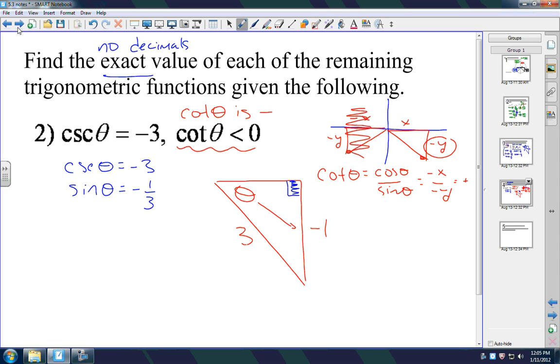So we know sine was -1/3. We get to here. We're missing one thing though. So we got to come find this x value. So we're going to say 3 squared equals -1 squared plus x squared. You can call it a squared, b squared, whatever you need to with this.